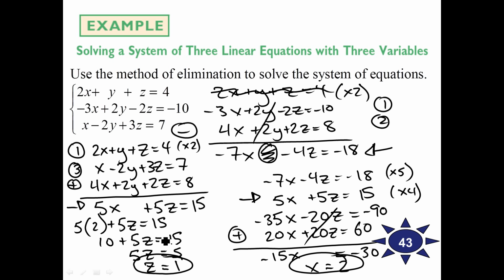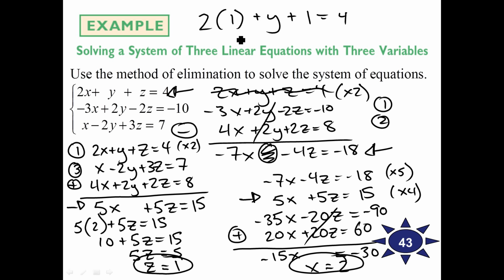Can I squeeze it in somewhere else on the slide? How about up here? Let's go back to any equation we want. We'll just go to this first one. That's fine. All right, so 2x, 2 times 1, plus y, don't know y yet, plus z, so plus 1 equals 4.